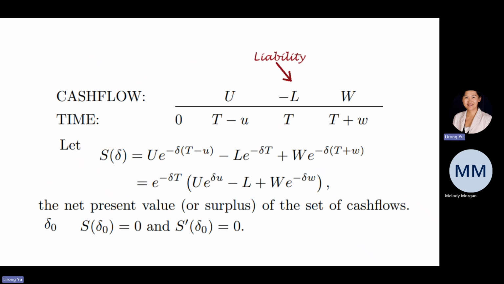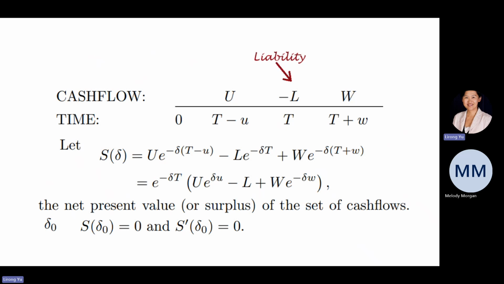So the present value for this is actually the present value for all 3. U discounted to time 0 is U times e to the negative delta times (T minus u). Now for the L, it's the negative cash flow, e to the negative delta T. That's how you discount it using continuous compounding back to time 0. And then W is W times e to the negative delta times (T plus w). Now we can factor out the common factor, and what you have in the parentheses is really the value at time T. Are we okay there?